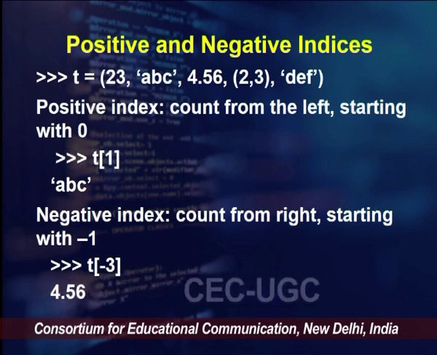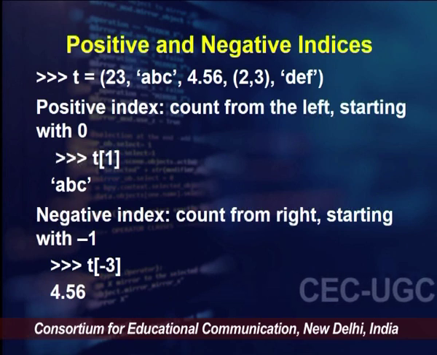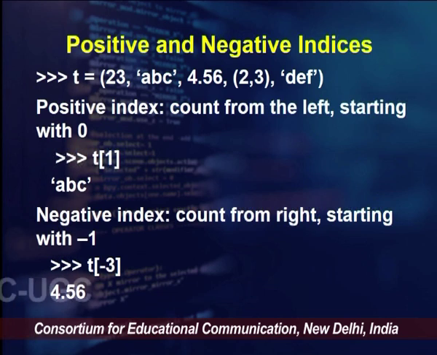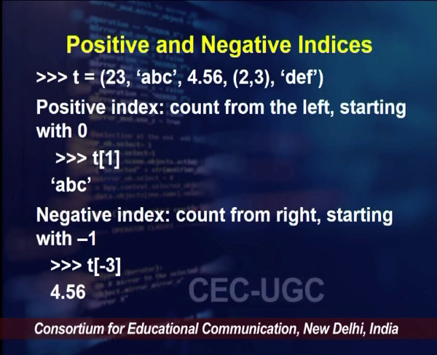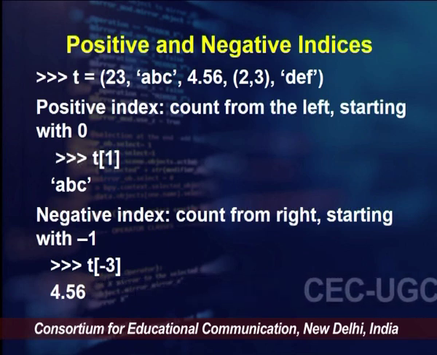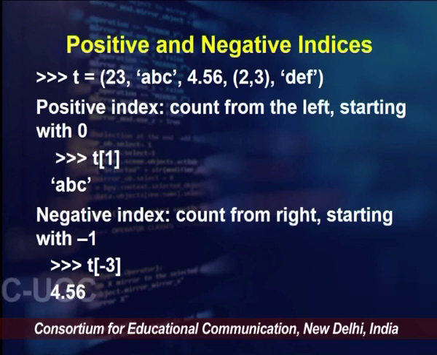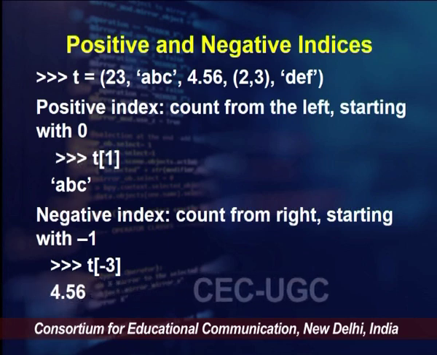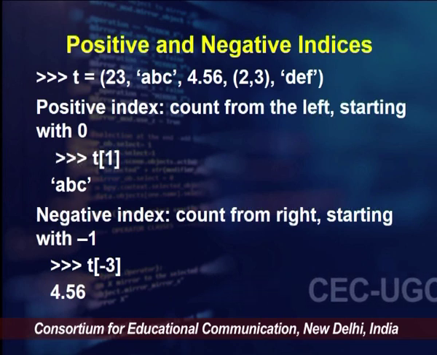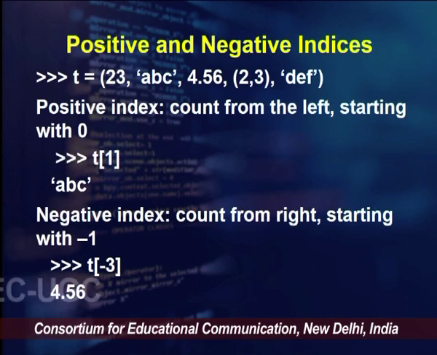So, in this example, if you want to retrieve an item which is at index position -3, you will start counting from the right, and that is -1, -2, -3, so that is going to be 4.56. So, likewise you can have positive indexes and you can have negative indexes also.